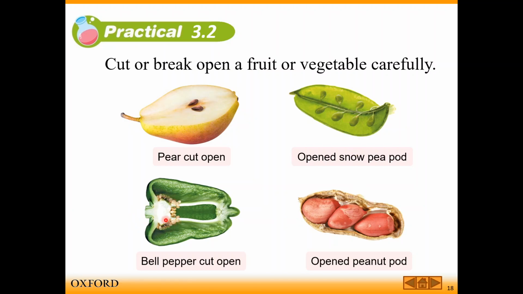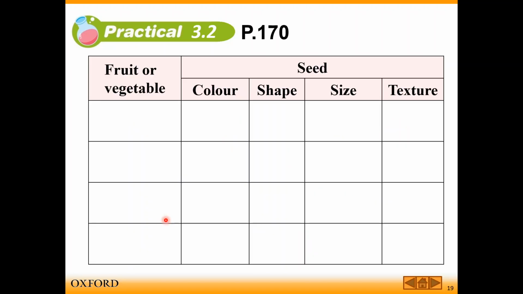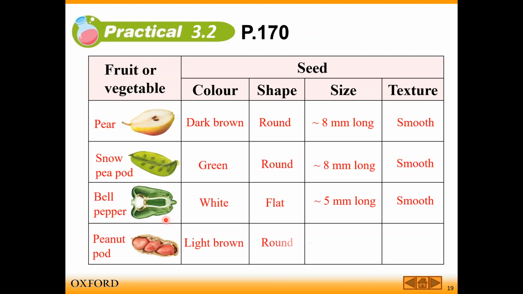The seeds here, here, and here, and the number of seeds is different also. It's very sad that we can't have a lesson in school, so we can't carry on this practical. So maybe you can write down here in your book, page 170. Here you can pause.